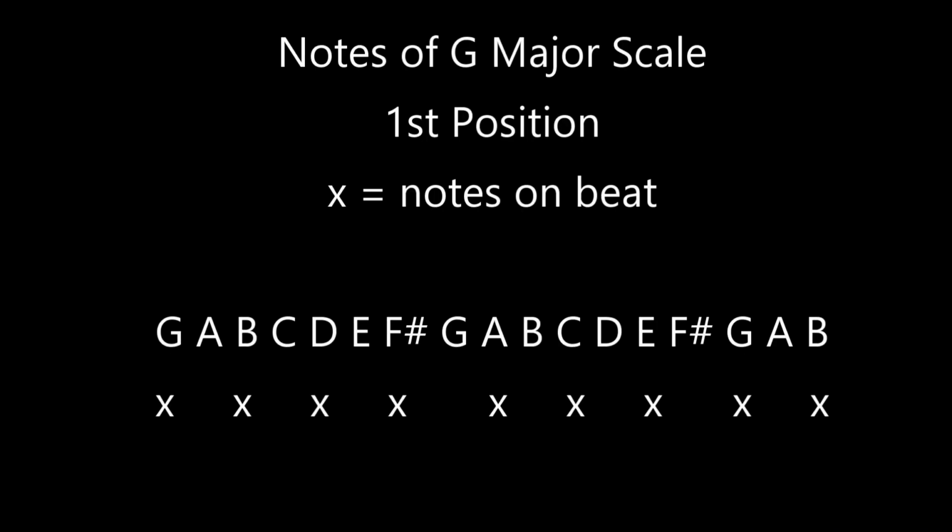If I play all eighth notes, notice which notes fall on the beat. They're indicated by the X. So notice that sometimes G, B, and D, once again, those are 1, 3, 5, are on the beat, and sometimes they're not.